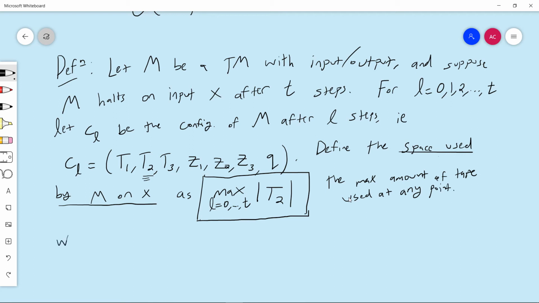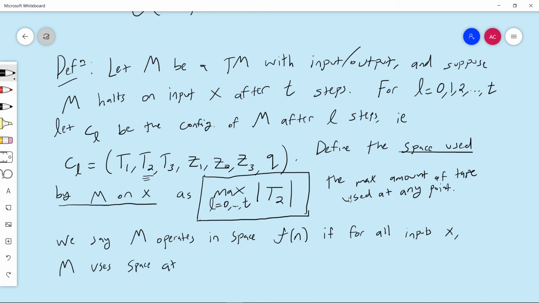So we say that M operates in space f of n if for all inputs x, M uses space at most f of n, f of the length of x, I should say. Underline this.